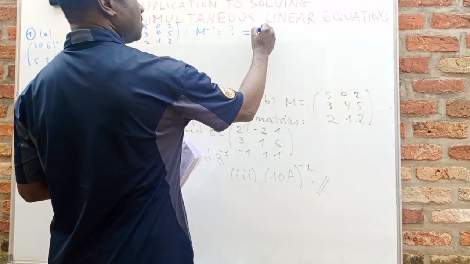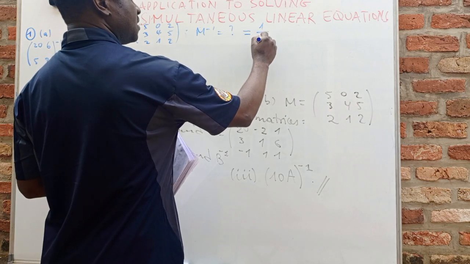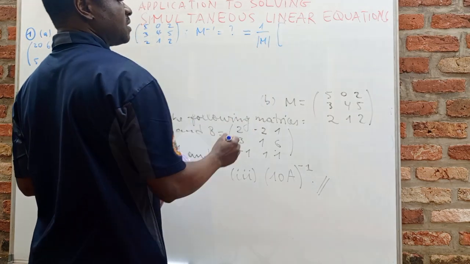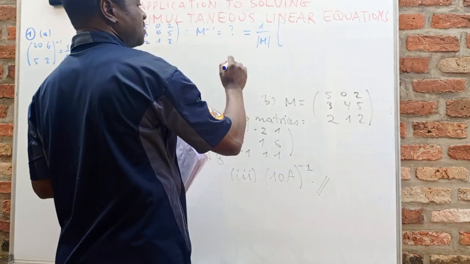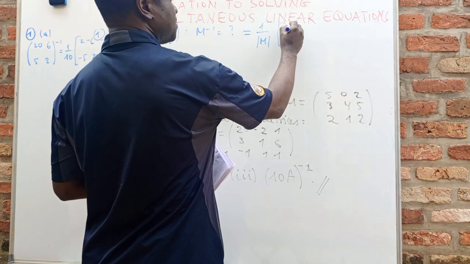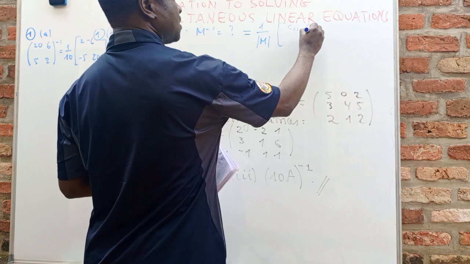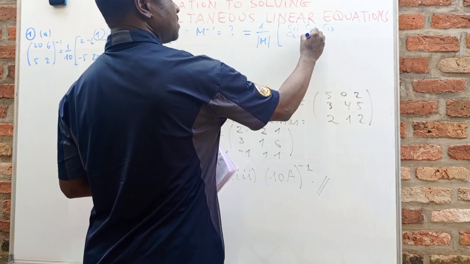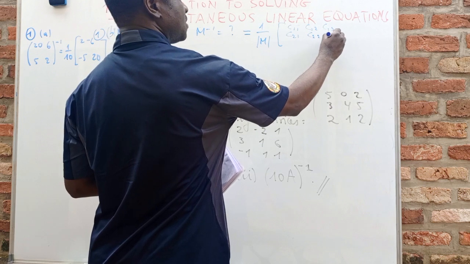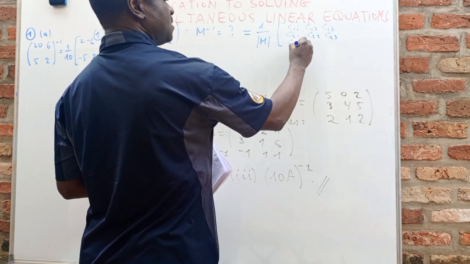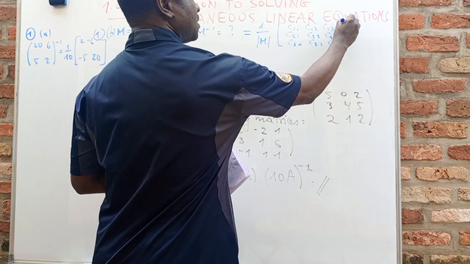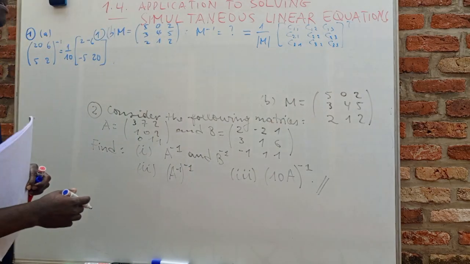Of course we are going to use a formula like 1 over the determinant of M, times the cofactor matrix of matrix M, with entries C11, C12, C13, then C21, C22, C23, C31, C32, C33, and we take the transpose.